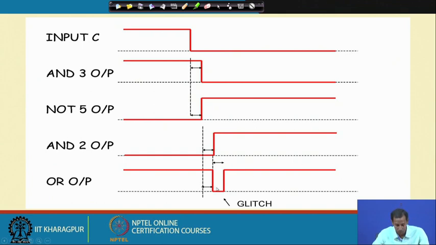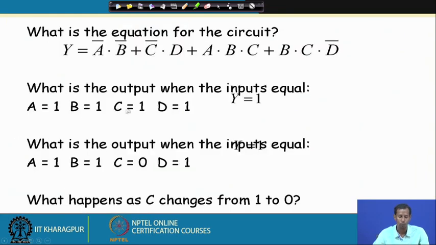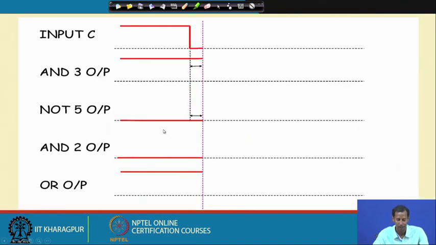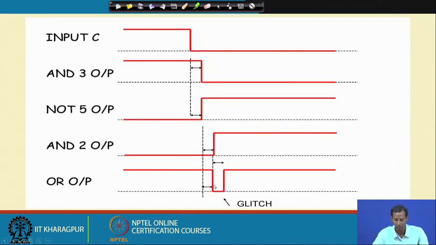But this particular 0 should not happen. Why should this not happen? If you see, in both cases the y should be 1. So, that means y should continue its value at 1, but because of this gate delay, I am getting a 1 0 which is happening in between.